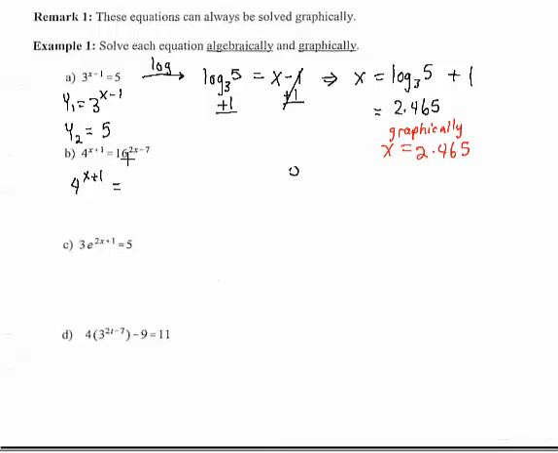So what is 16? 16 is 4 squared, and 16 itself is being raised to the power of 2x minus 7. So we can write 4 squared with a 2x minus 7 on the outside of the parentheses.